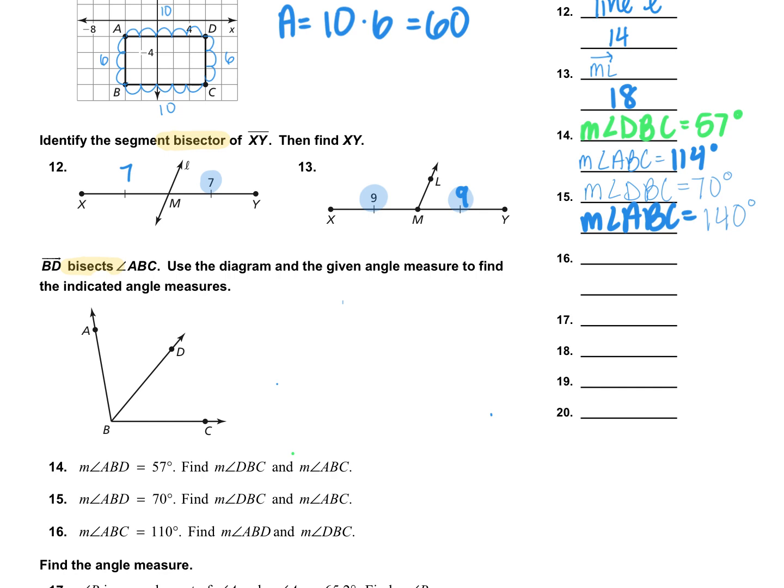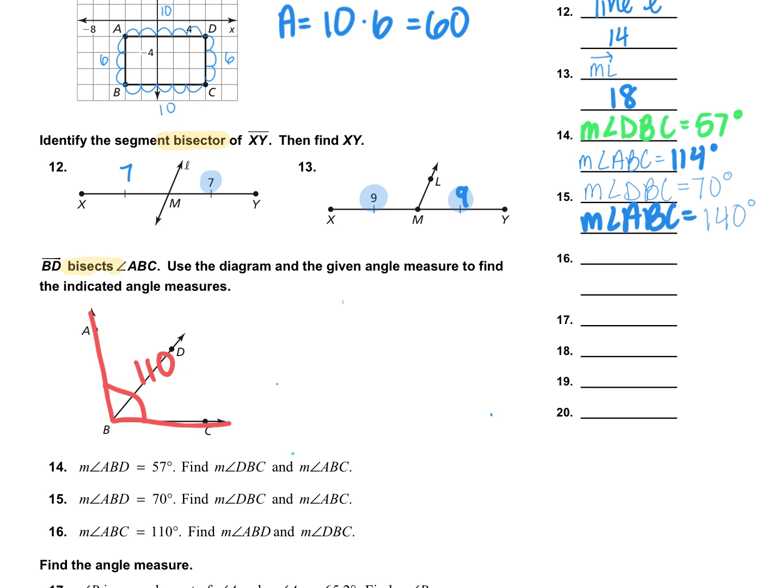All right, number 16, they're telling me the measurement of ABC. All of this is 110. Find the measurement of angle ABD and the measurement of angle DBC. How would I figure this out? Remember, key word is that it bisects.